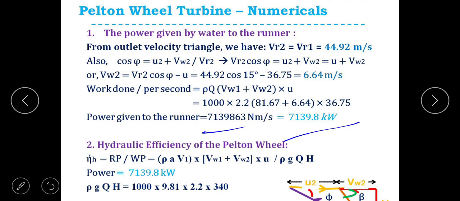Hydraulic efficiency of the Pelton wheel, for which the formula is eta H is equal to runner power divided by water power, that is equal to rho A V1 multiplied by (VW1 plus VW2) multiplied by U, whole divided by rho GQH. Power is known. rho GQH is equal to 1000 multiplied by 9.81 multiplied by 2.2 multiplied by 340.